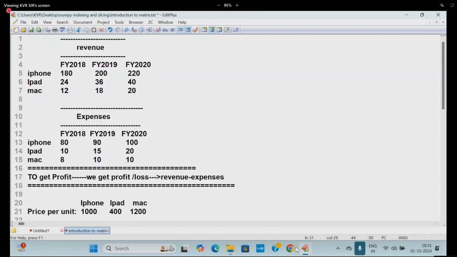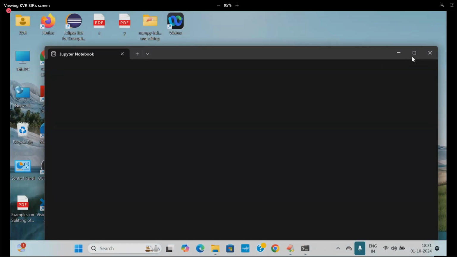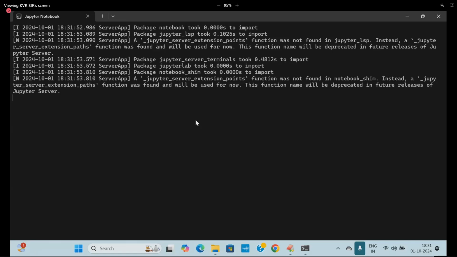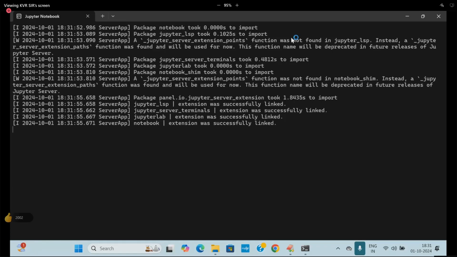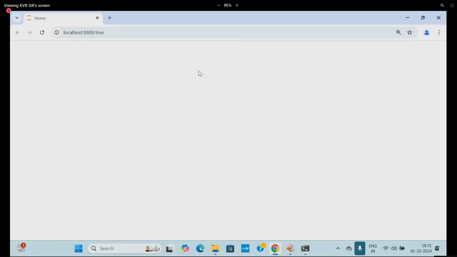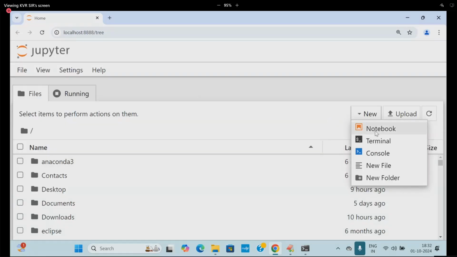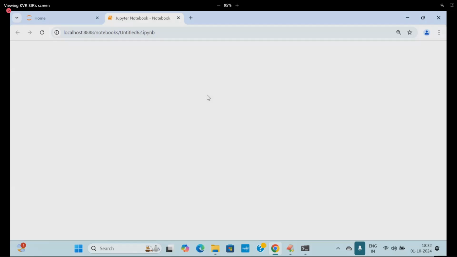Right. Now I'll go to the Jupyter notebook. Here, I'm going to take up arithmetic operations or matrix operations.